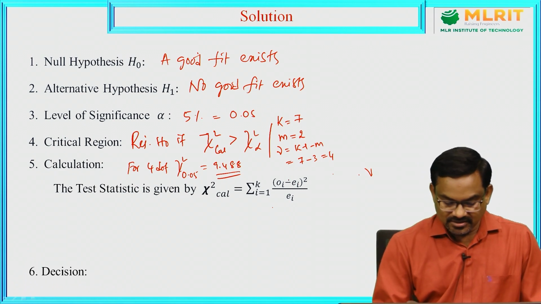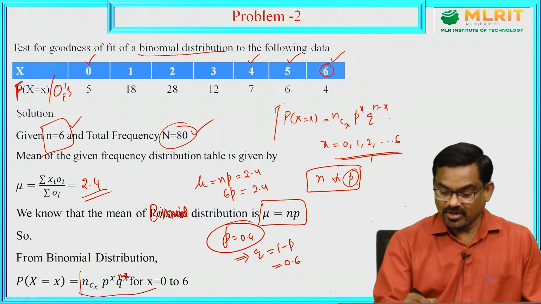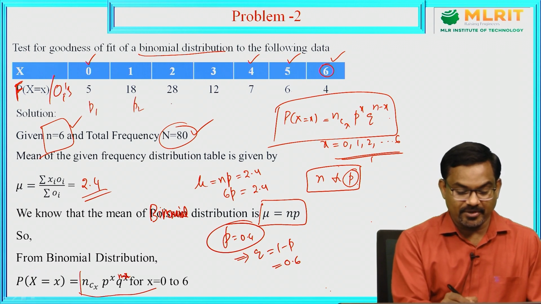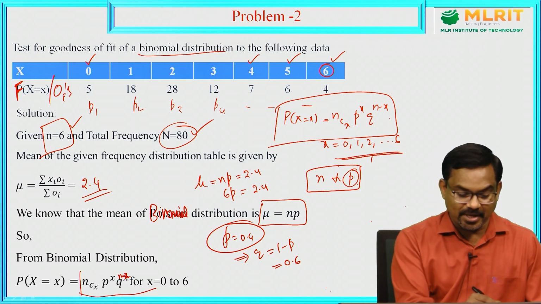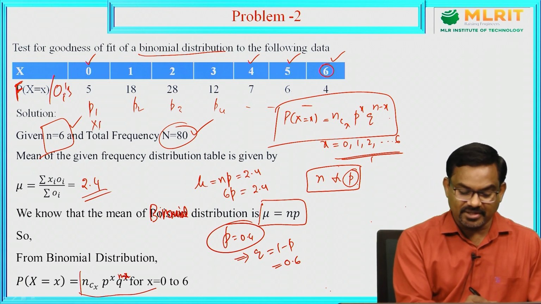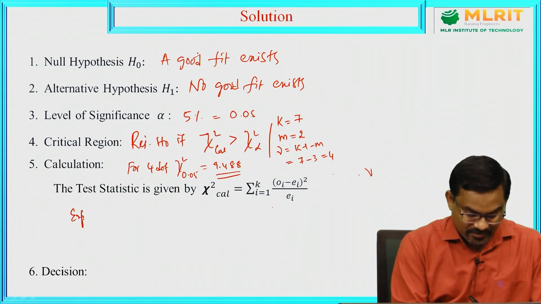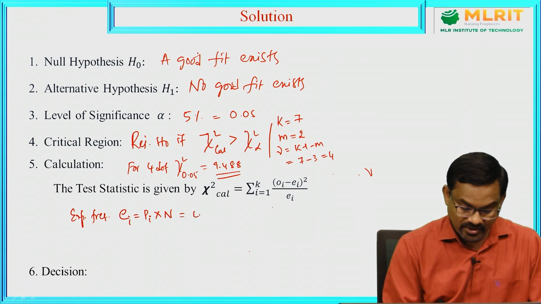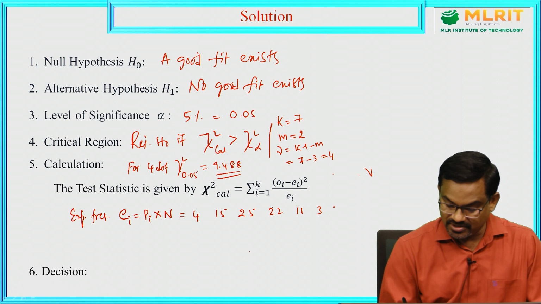And here, using the binomial distribution formula, we first calculate the corresponding probabilities P1, P2, P3, P4 and so on, and then we multiply each probability with the total frequency to obtain the expected frequencies, EIs, which are 4, 15, 25, 22, 11, 3, 0.